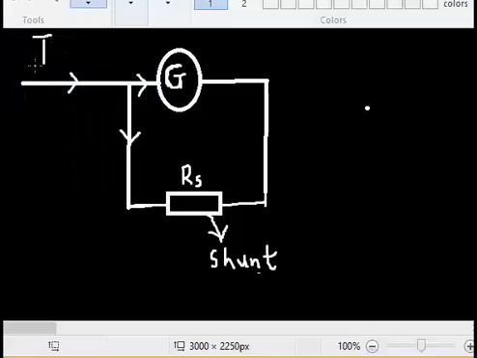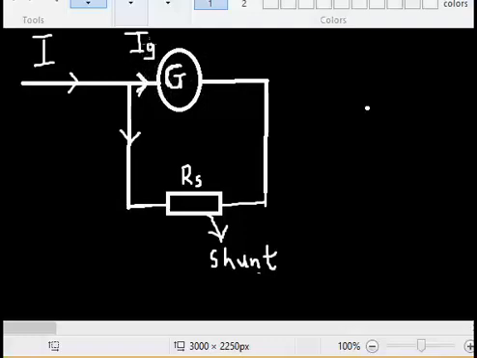If that current reaches here, the galvanometer can only take the maximum current, which we call the full scale deflection, the current that gives the galvanometer full scale deflection.